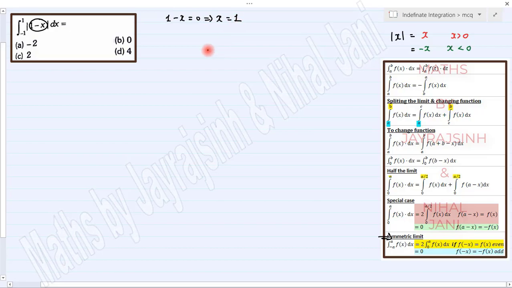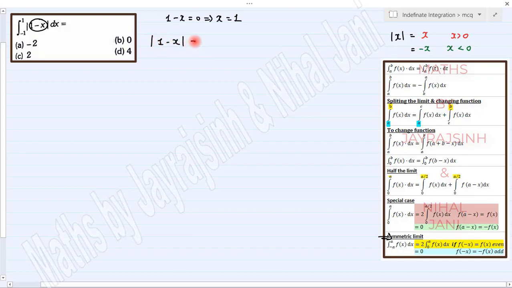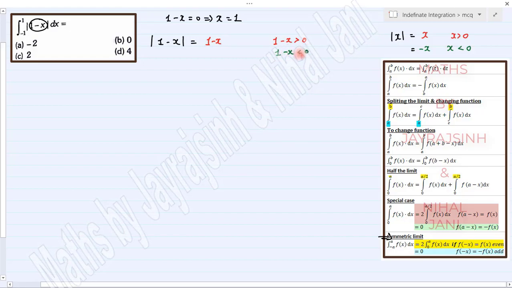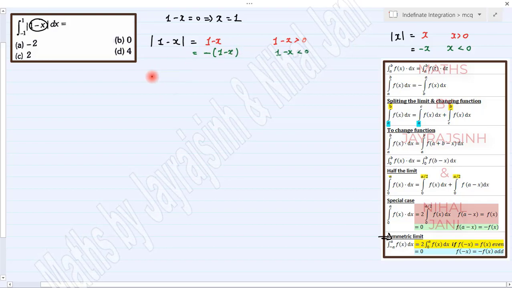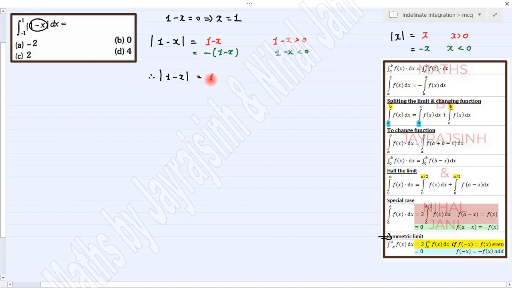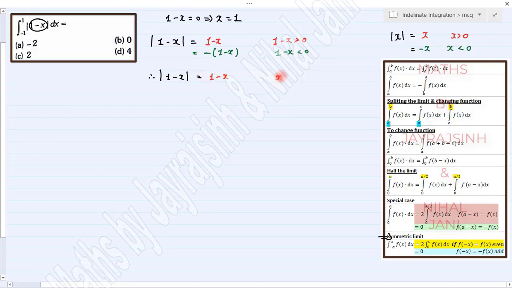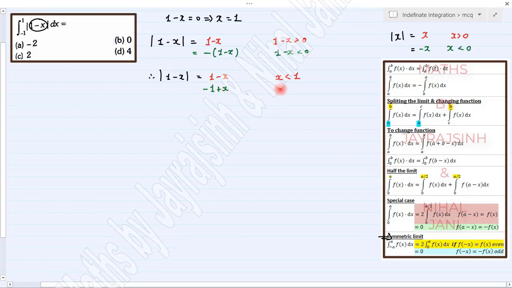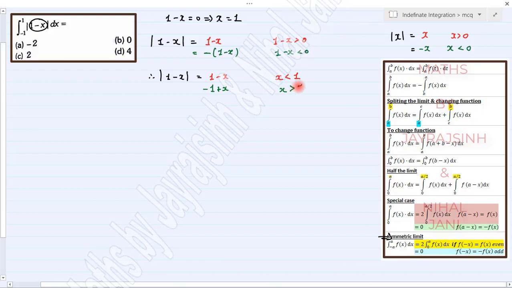Okay. So we can say your mod of (1 minus x): when 1 minus x is greater than 0, we will get 1 minus x, and when 1 minus x is less than 0, we will get minus of (1 minus x). Or we can say your mod of (1 minus x) is simply 1 minus x at x less than 1, and it will be minus 1 plus x at x greater than 1.